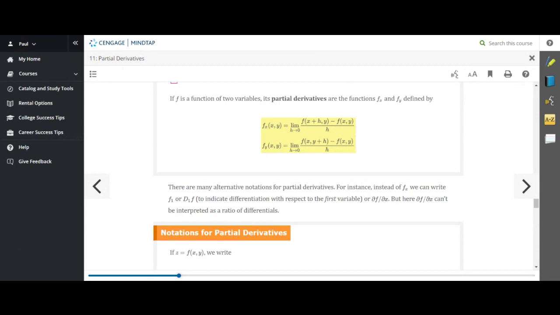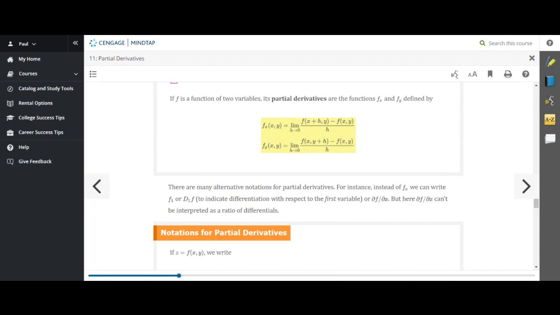So these are how partial derivatives are defined. And fortunately, all the derivative rules that you learned will be preserved with partial derivatives.